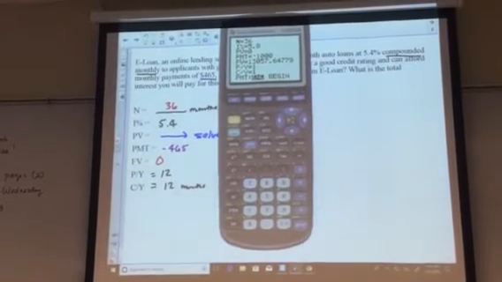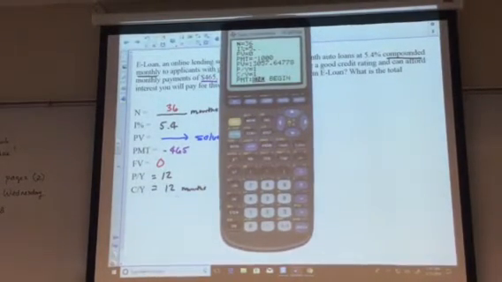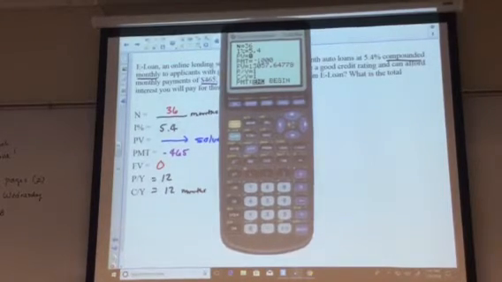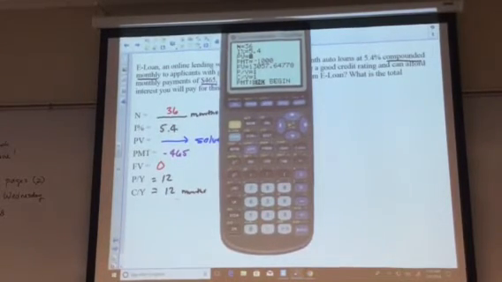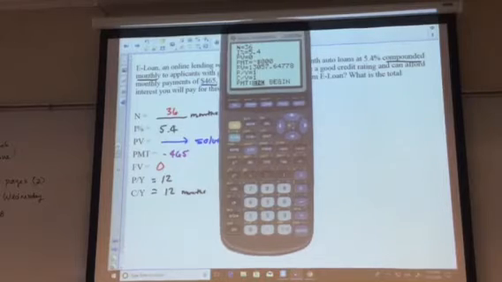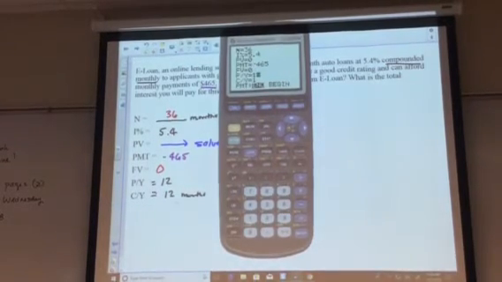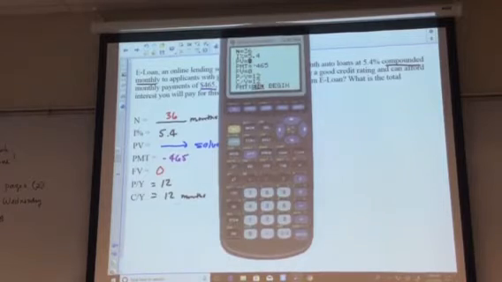36-month loan, 5.4%. We don't know what we're solving for, but there has to be something on that line. We're making payments of $465. In the future, we want to be debt-free, and we're making 12 payments every year.